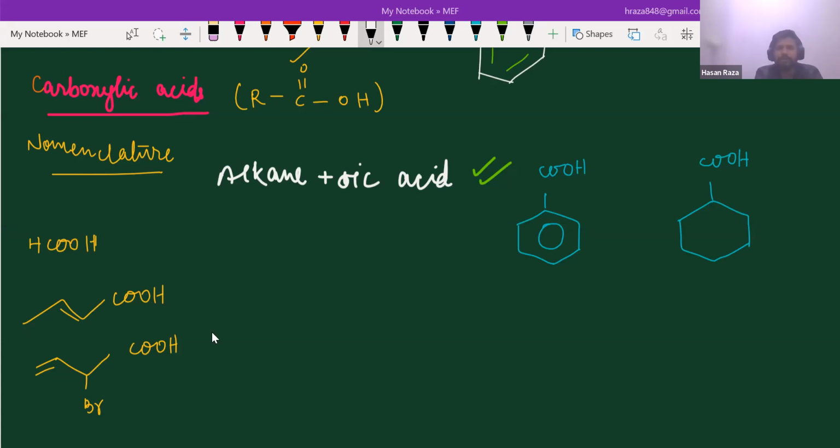Yes, carboxylic acid, since it is a functional group, any functional group present with a multiple bond, we give preference to the functional group. So here we are going to give preference to the functional group.